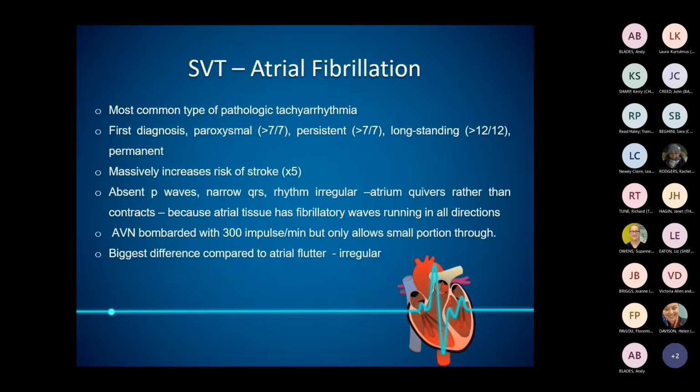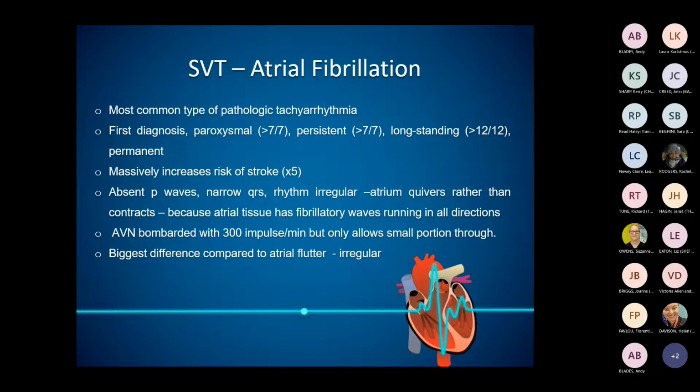In terms of AF, obviously we define it in terms of regularity or irregularity. That's the diagnosis initially, but in terms of duration, some resources talk about how long a patient has been in AF or how many episodes they've had. Of course, there are various risks. Some are idiopathic, some may be related to alcohol.